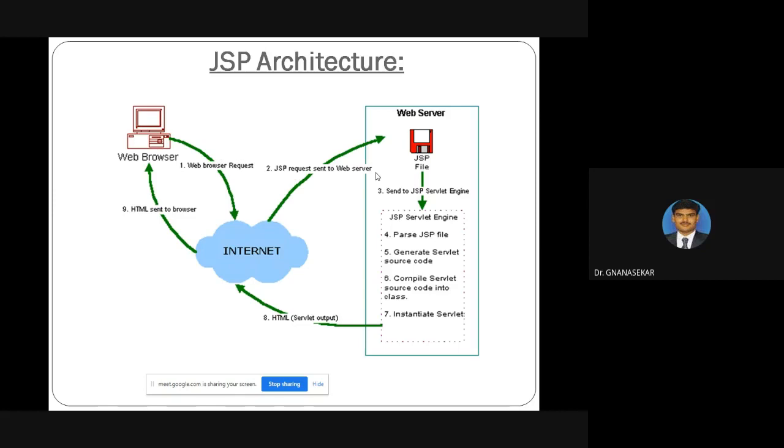After generating the servlet source code, you compile it and you get the class file. That is very important. The JSP container executes the servlet class file. After that, the requested page is written to the client as a response. That is called JSP architecture.